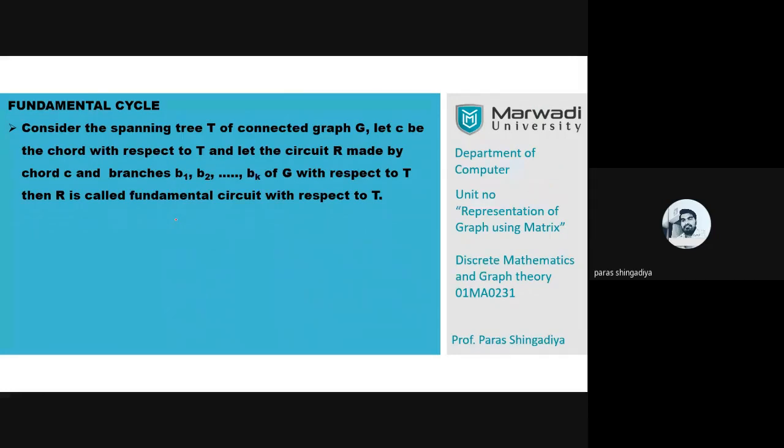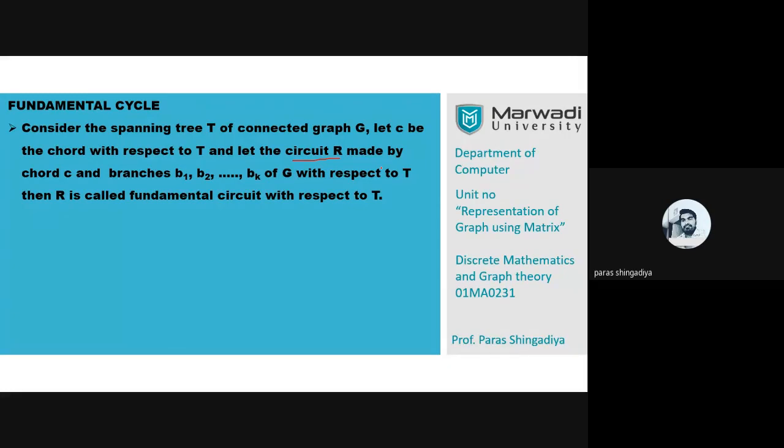Let us consider a spanning tree T for a connected graph G. Now we know the meaning of chord and branch. Let C be a chord with respect to T, and let R be a circuit, meaning a cycle. If the circuit R is made by the chord C and the branches B1, B2 up to Bk of the graph G, then R is known as a fundamental circuit.